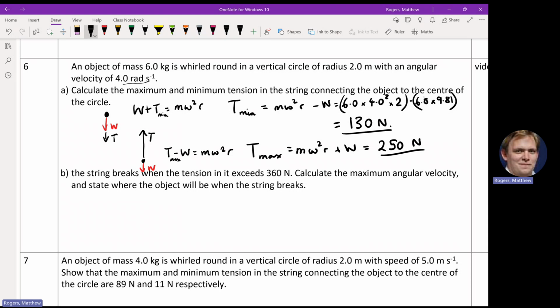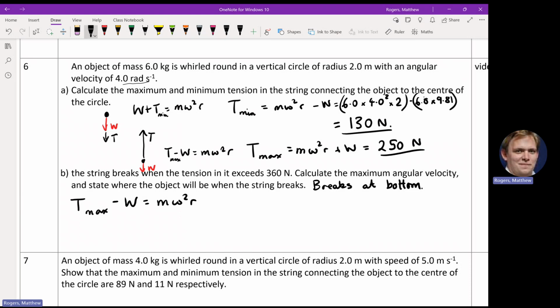Well, if the thing speeds up slowly, we already worked out the maximum force is when it's at the bottom. So let's get that bit out of the way first. Breaks at bottom. That's when the tension is biggest. Then we're looking at this bottom half of the equation where we know T max minus W is equal to m omega squared r.